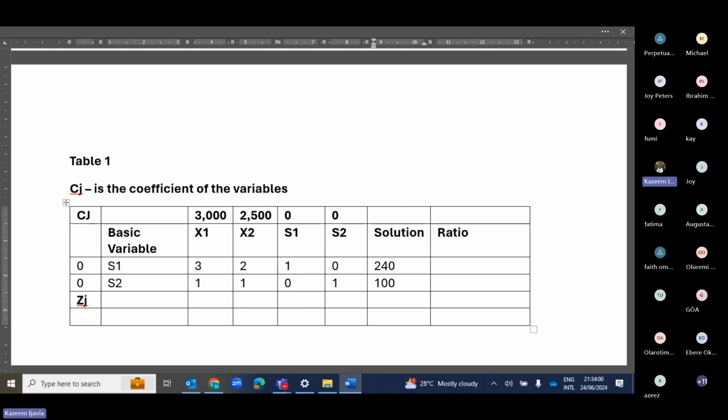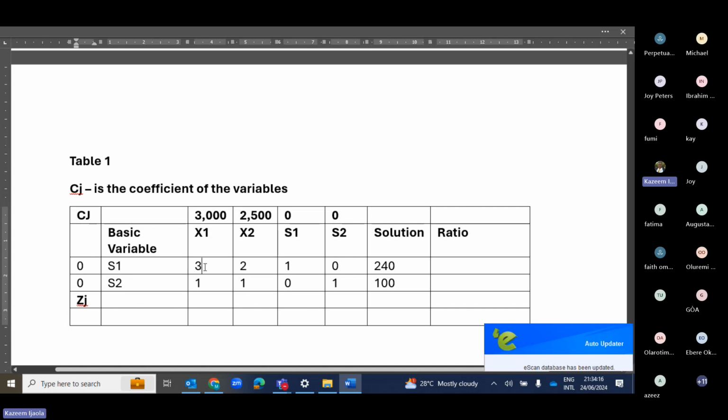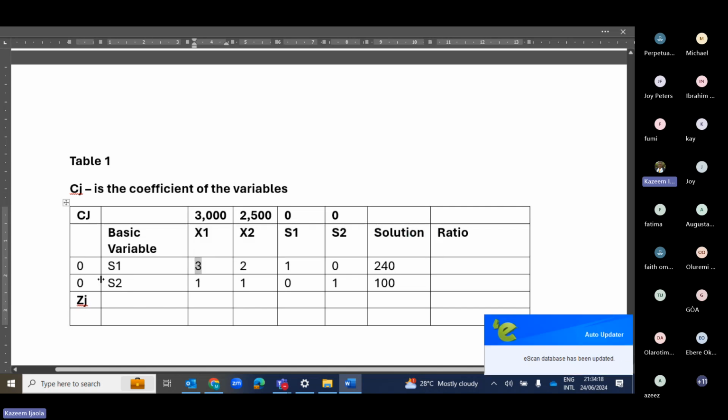So now we know our CJ. We know our ZJ. Now, what's our ZJ? Your ZJ simply means this CJ multiplied by each of the variable columns.